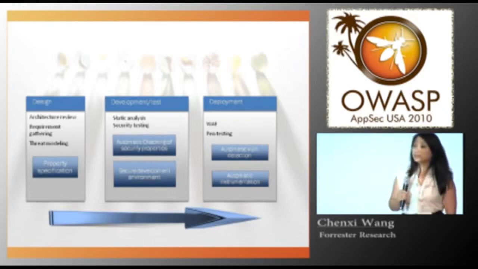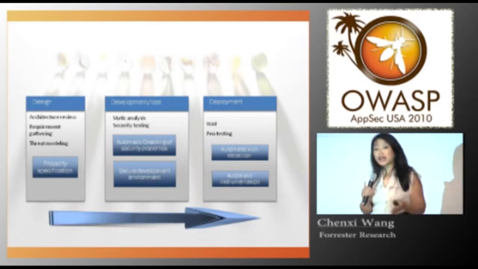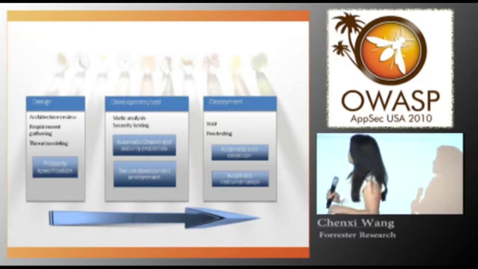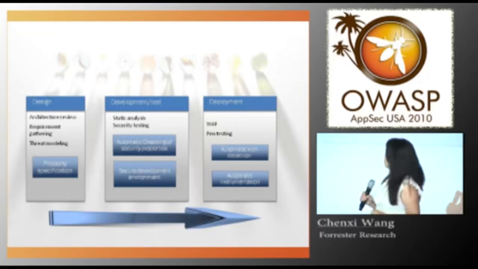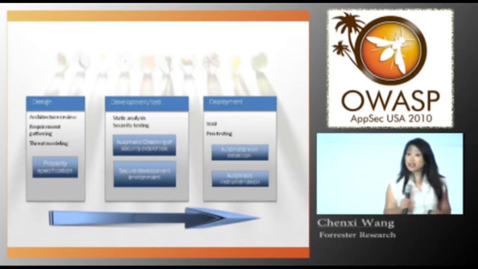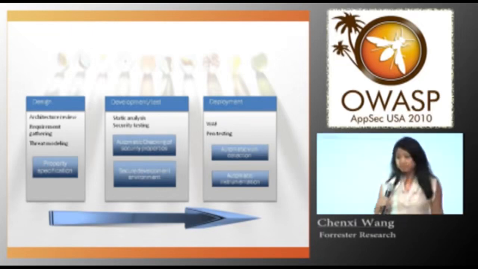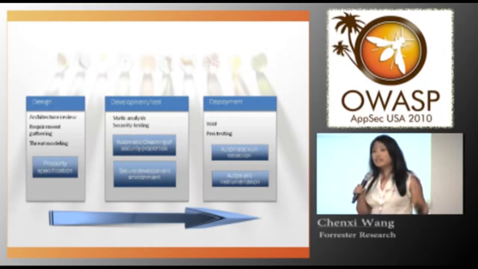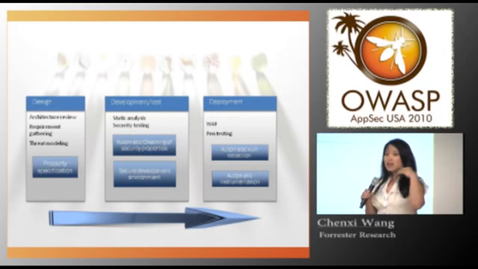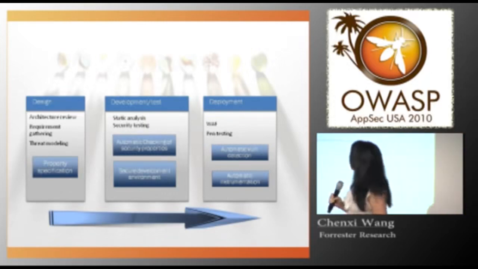In development, in addition to static analysis and security testing, we've got automatic checking, verification of security properties by way of theorem proving. And this is done in a secure development environment with low-level controls that developers don't manipulate.